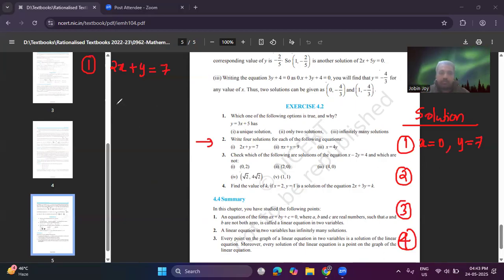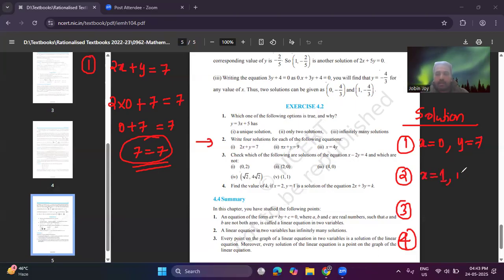So x equal to 0 means 2 into 0 plus y, y equal to 7. 2 into 0 is 0, plus 7 equal to 7. So 7 equal to 7. So LHS equal to RHS, right? So this is a solution. Another solution, try this value: x equal to 1 and y is equal to 5.